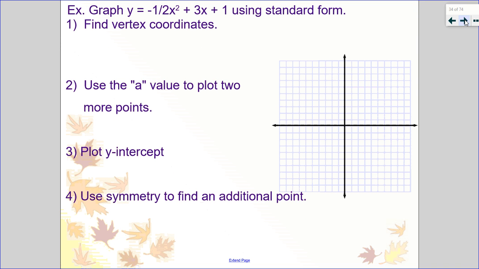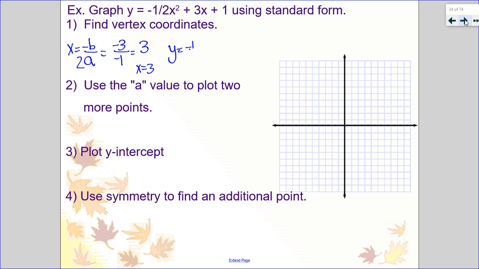Let's find the vertex coordinates. So we do x equals negative b over 2a. So negative b is negative 3. What would 2a be for this one? Yep. And then when we do negative 3 divided by negative 1, we get 3. So that is the x value of our vertex. X is 3. To find the y value, you plug it into the equation.